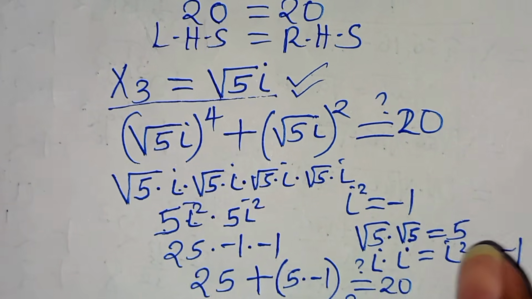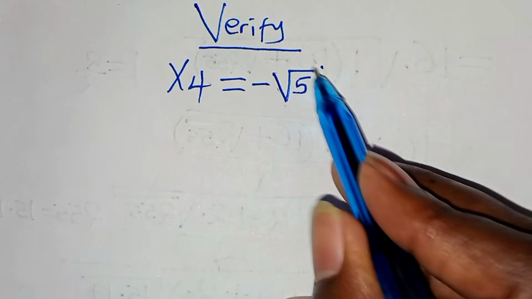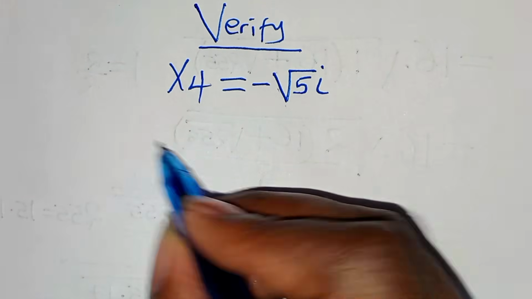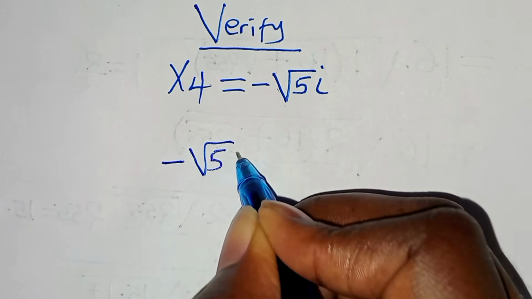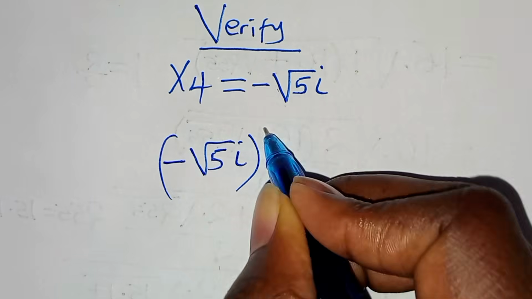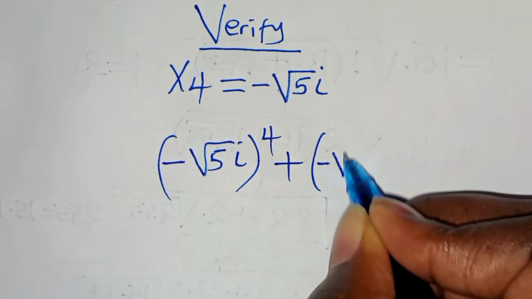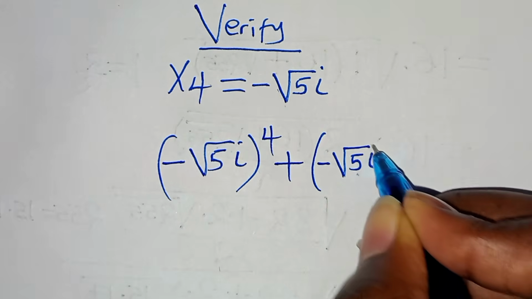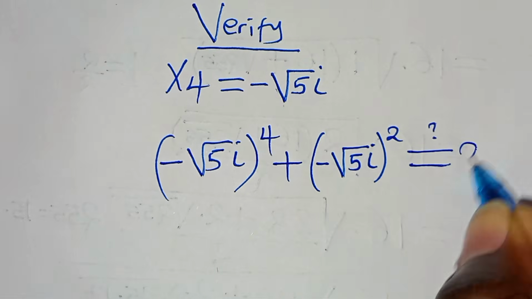Let's take x4. Now x4 is minus square root of 5i. Substituting into the equation, we have minus square root of 5i raised to the power of 4, plus minus square root of 5i raised to the power of 2. This is supposed to give us a value of 20.